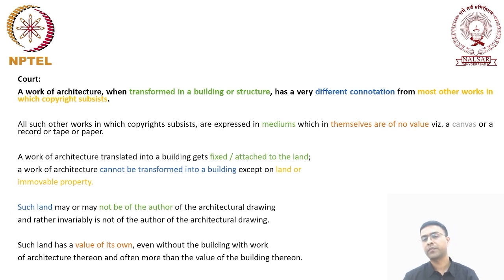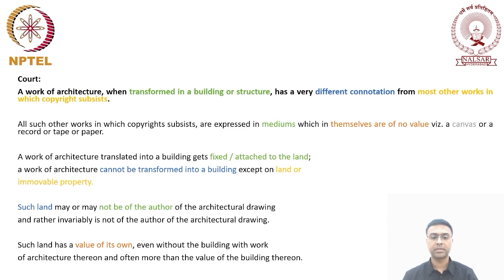At first, the court makes a distinction between works of architecture and other conventional artistic works, such as paintings. What is the court saying? A work of architecture, when transformed in a building or structure, has a very different connotation from most other works in which copyright subsists.